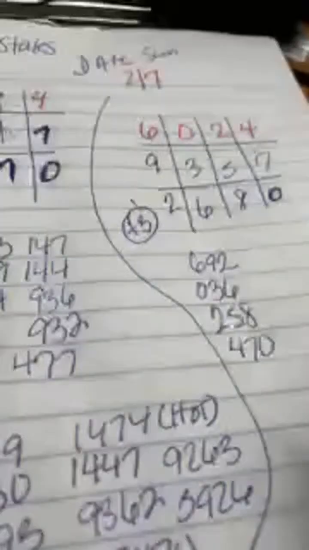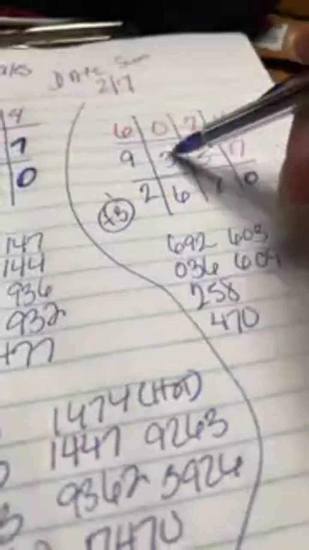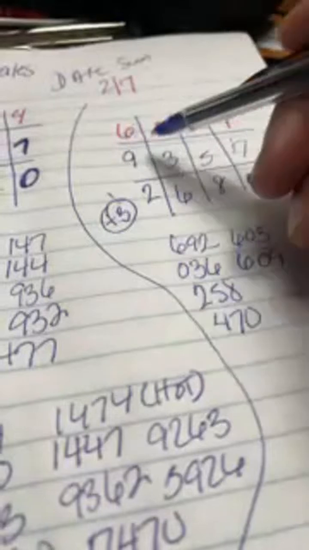Okay, let's go to the next one. Let's start with our L's. So our first L will be 603, 609. About to show y'all again one more time. 603, 609.